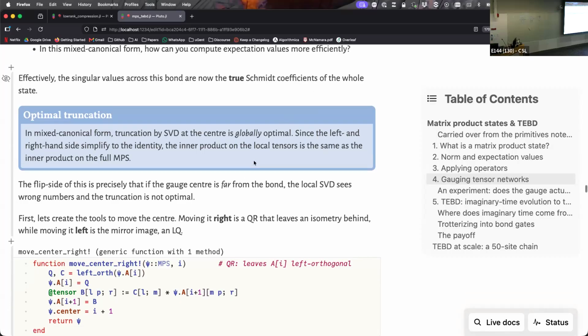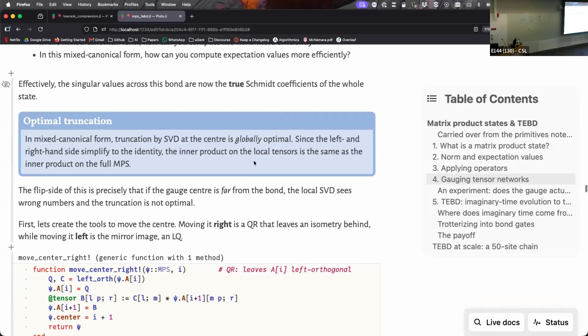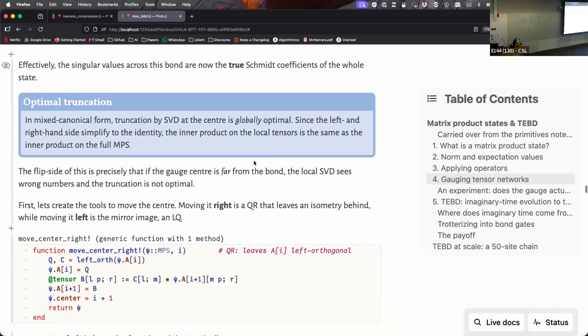So, this is all very good. Now the question is, how do you bring something into this canonical form? What is really going on? The idea is that we saw how to locally create an orthogonal basis. This is just a QR.